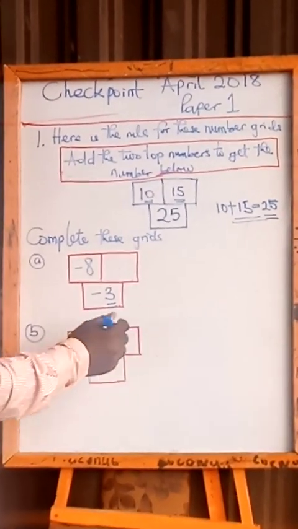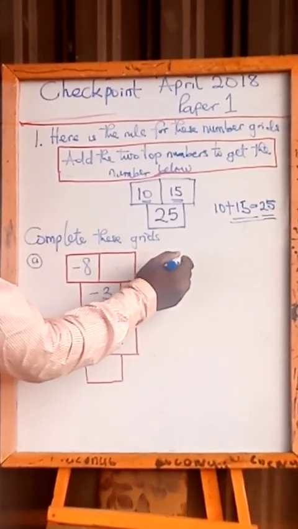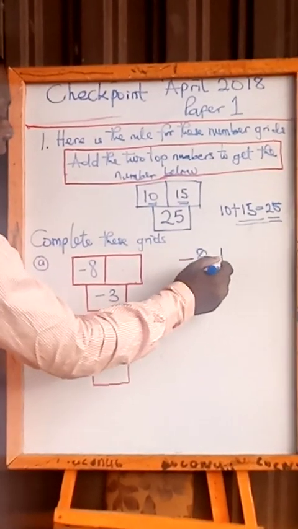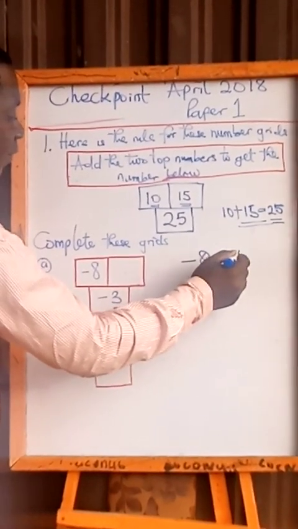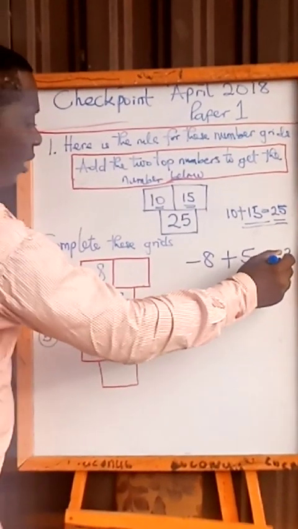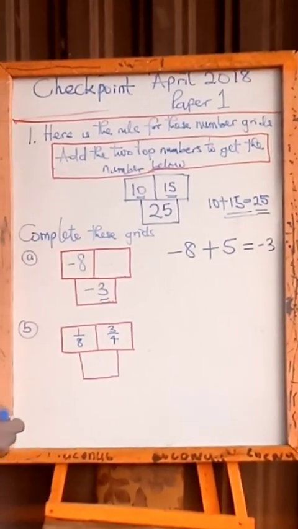Obviously, what it means is that you have a minus 8, and once you add 5, it's going to give you minus 3. How do we come about that?